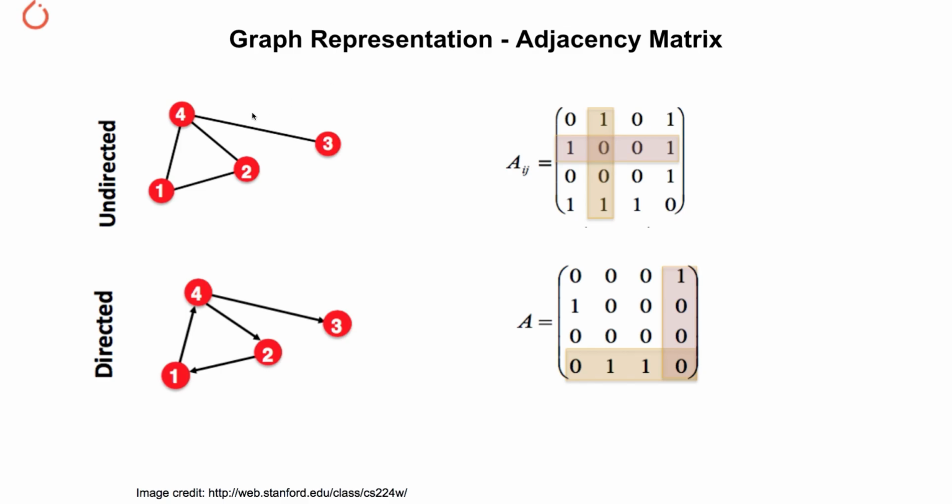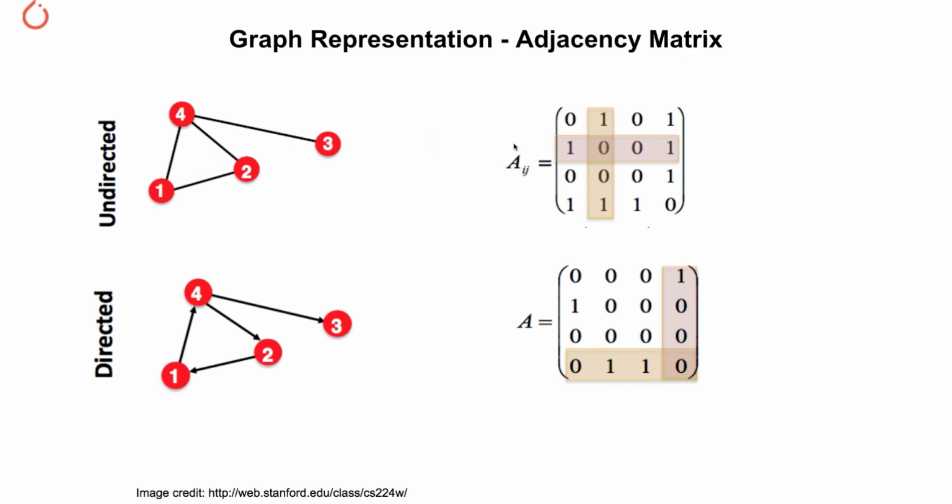So essentially, if you look at here, node 1 and node 4 are connected, then the way you look at it in the matrix is first row, fourth column means node 1 and node 4 are connected. And similarly, node 1 and node 2 are connected.